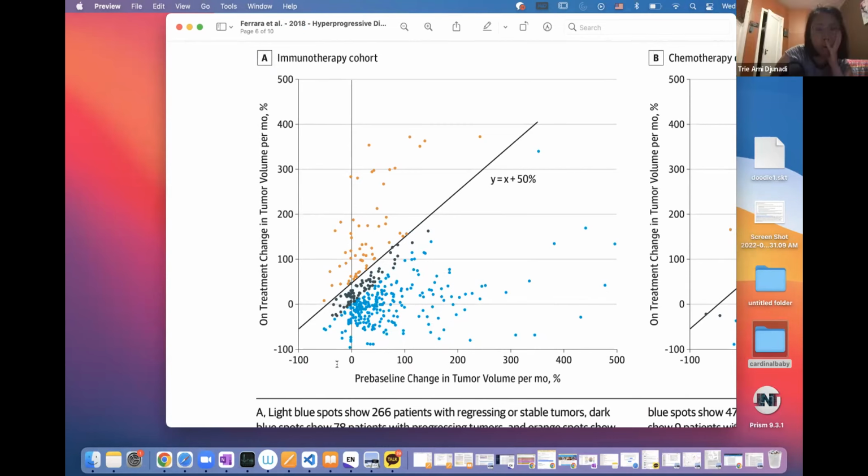They used this method of drawing a line, since the Ferrara definition is basically a sum.